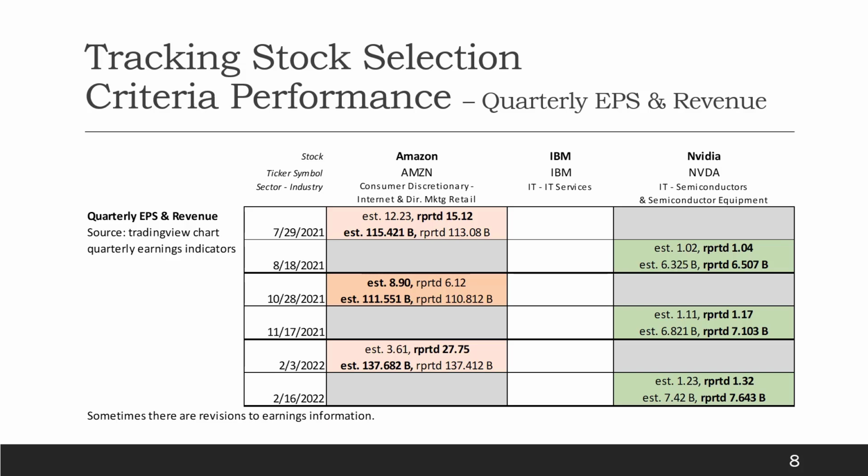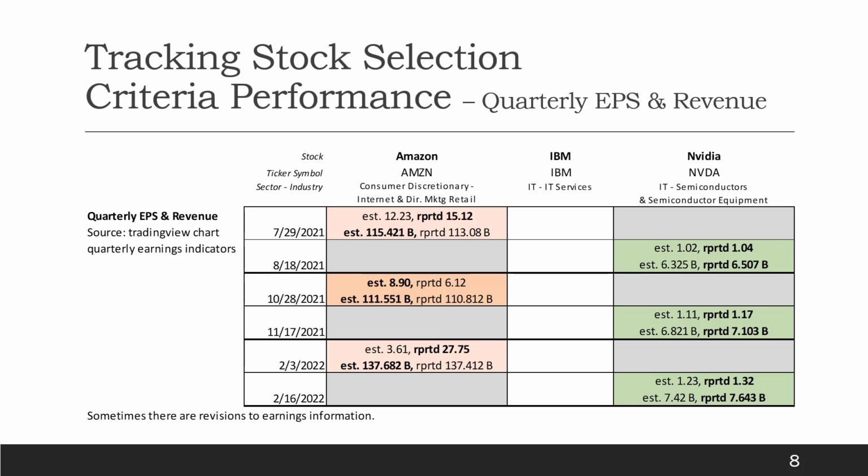Each entry has an estimate and reported revenue set of figures and an estimate and reported earnings per share set of figures. To miss either gets an orange highlight. To miss both gets a dark orange highlight.